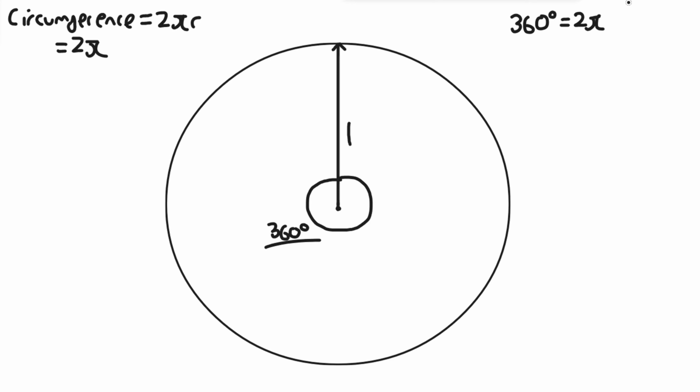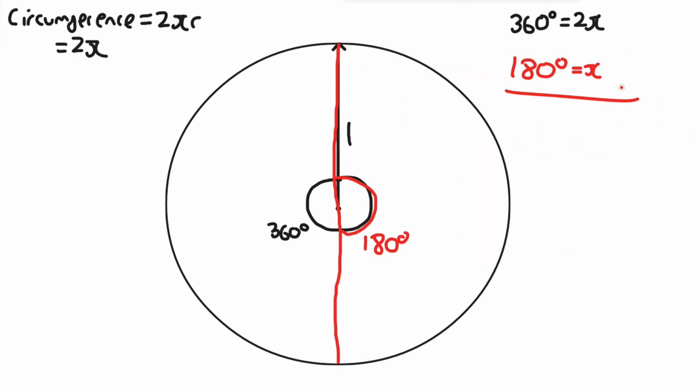If we take separate sections of the circle, such as half of it, so therefore we make a semicircle, this angle here will be 180 degrees, and we can see that this covers half the length of the circumference, which is going to be pi. So therefore 180 degrees is equal to pi, and so on and so forth. This is where this relationship comes from.